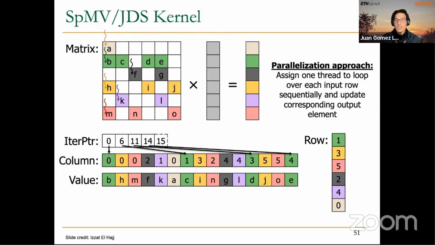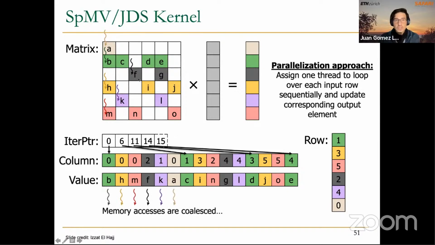That means in all iterations we have the same number of elements, even though some of the elements will be padding, just zeros that we don't really need to operate on. That makes it easy for the threads to find the corresponding elements of the rows that they need to use. Because here in JDS we are not padding, we need this iteration pointer.